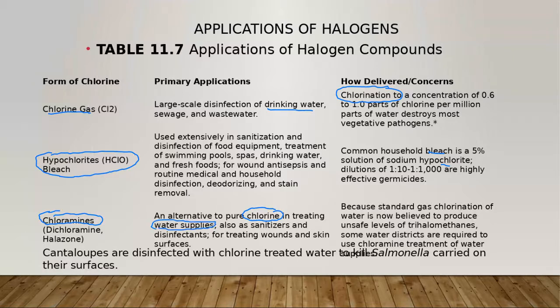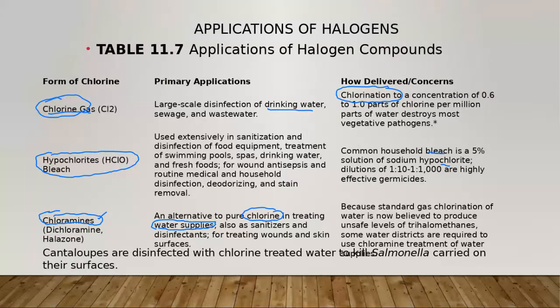So in many bigger water treatment plants, they usually use chloramine because chloramine is considered safer compared to chlorine. But chloramine is a little bit more expensive to use compared to chlorine.